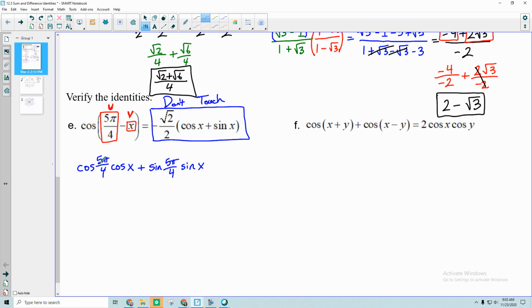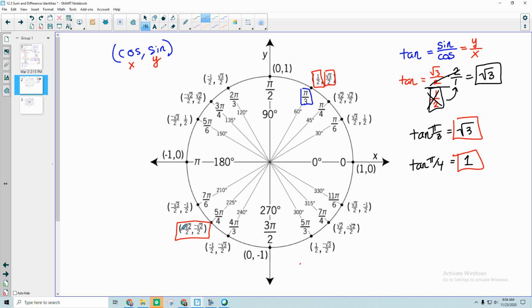Since cosine is the x value, I can replace that with negative square root of 2 divided by 2. Then sine of 5 pi divided by 4 would be the y value at that angle, so I would replace that with negative square root of 2 divided by 2. Again, I'm just using the unit circle, grabbing my x value and my y value, so that would be my cosine, and that's my sine.